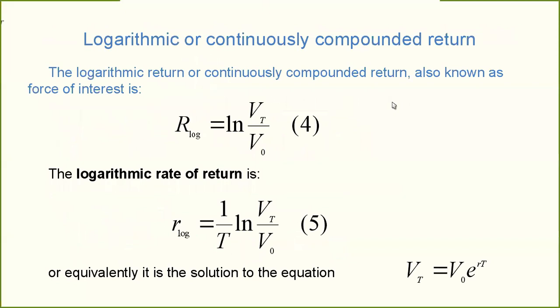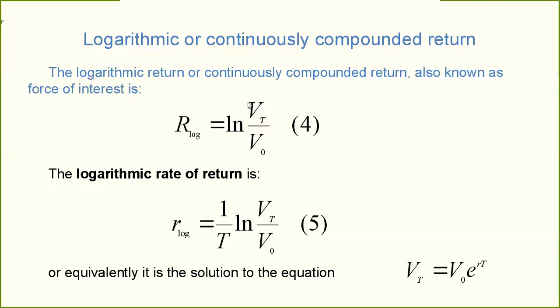Very often we use logarithmic return for research of financial series, so it's natural to use this formula. It is the amount at the end period, it is the initial amount.